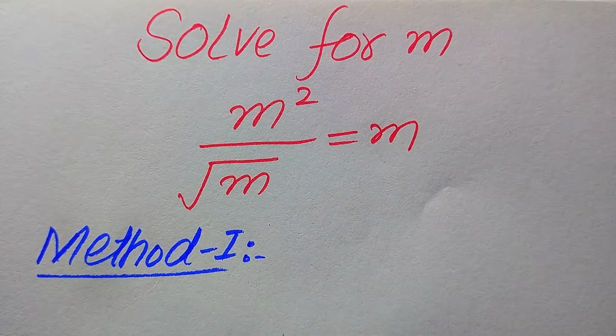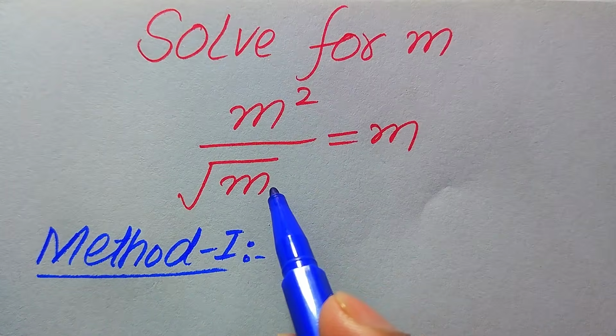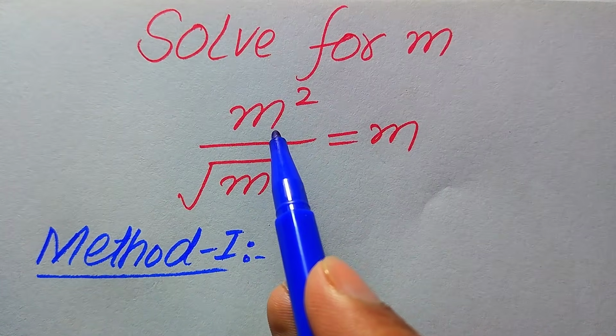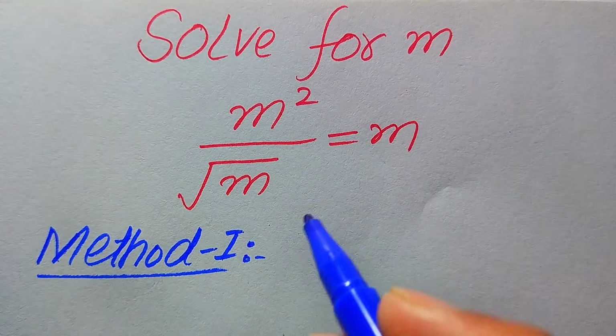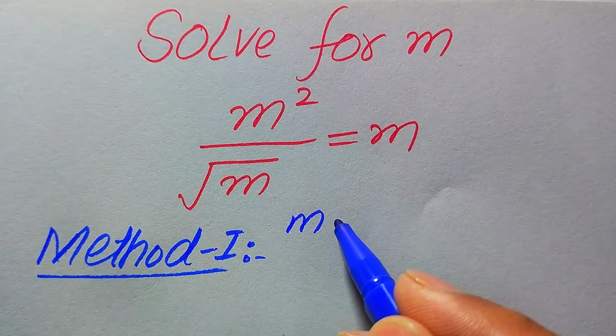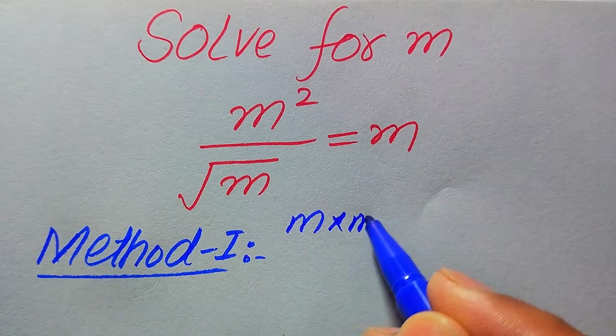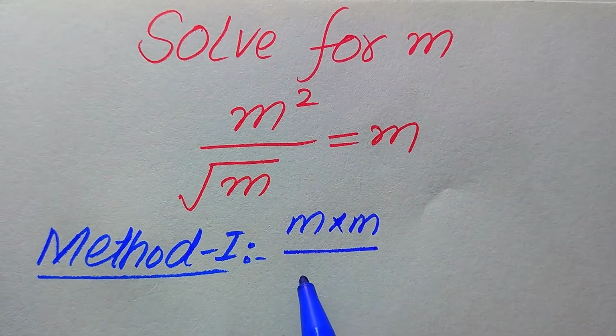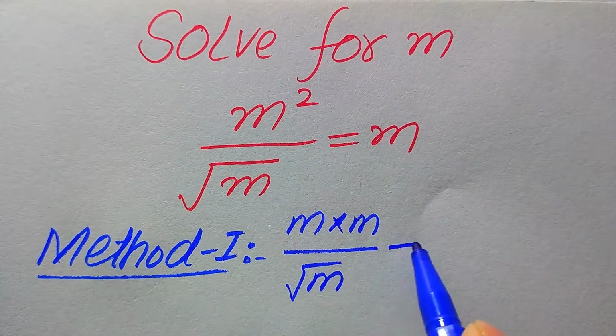And now we move towards the solution of this problem from the first method. In the first method, you see that this is m square. So we write this m square as m multiplied by m, divided by square root of m, equals m.